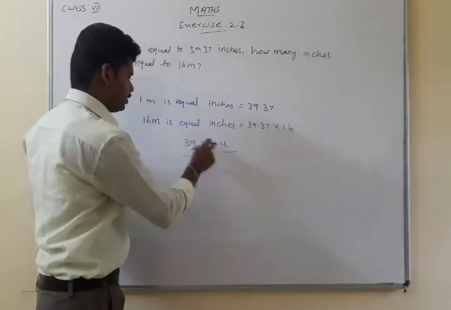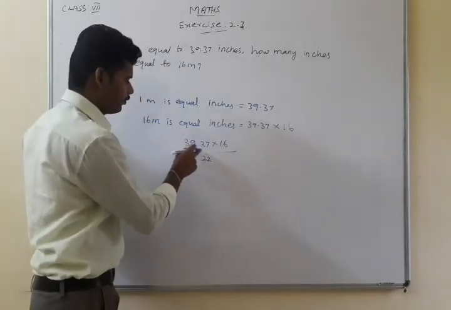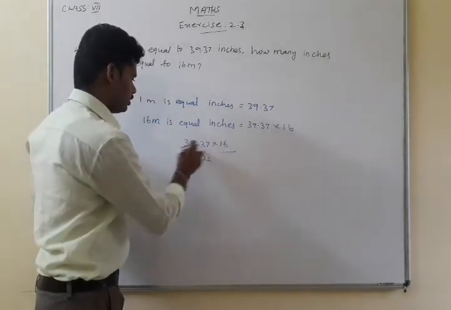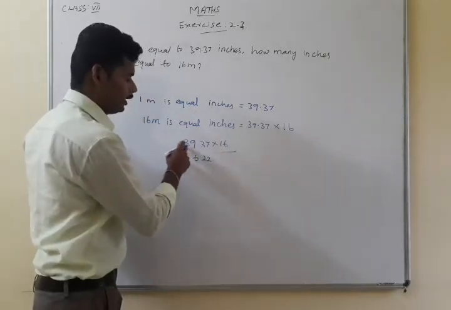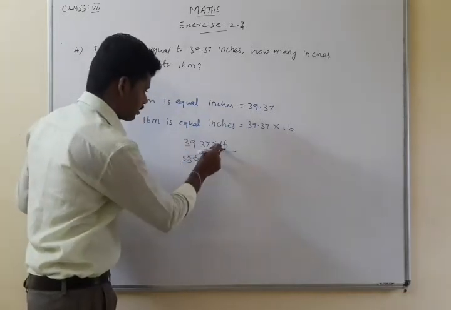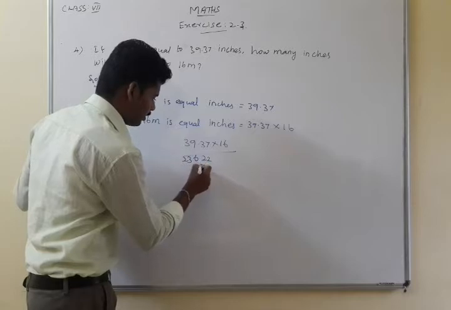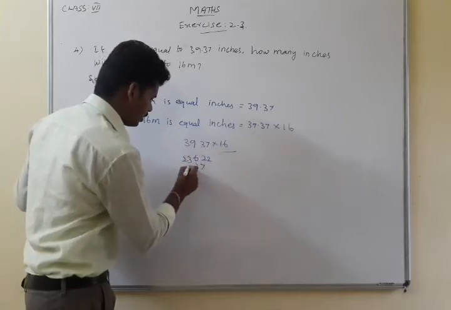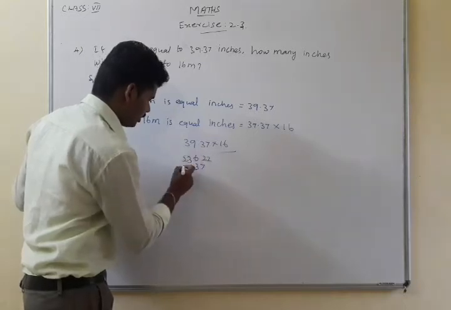Remainder 2. 6 9s are 54. 54 plus 2, 56. Remainder 5. 6 3s are 18. 18 plus 5, 23. Next 1 7 is 7. 1 3 is 3. 1 9 is 9. 1 3 is 3.